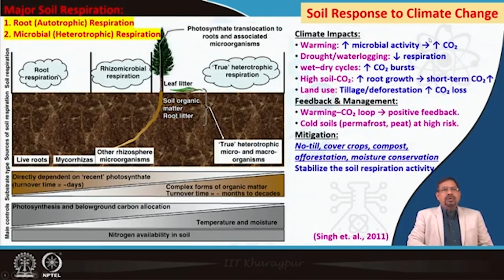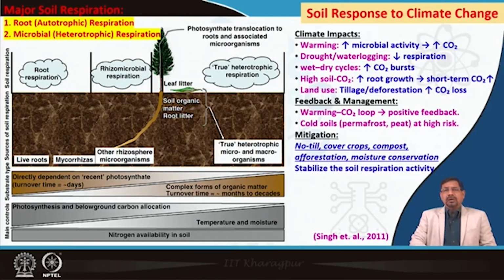And then coming to the measures of soil respiration, we have both autotrophic and heterotrophic respiration, so root respiration and microbial respiration. Regarding climate impacts, warming will lead to higher microbial activity, in turn leading to more CO2 or carbon escape from the soil.